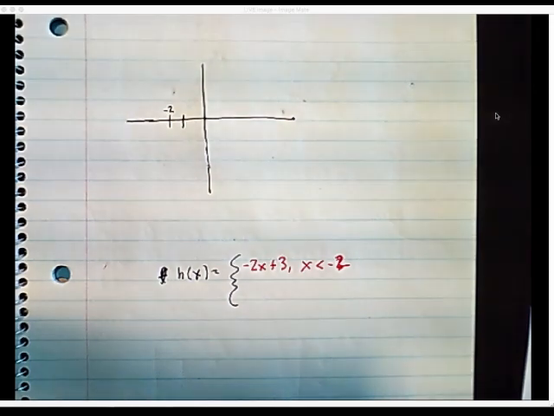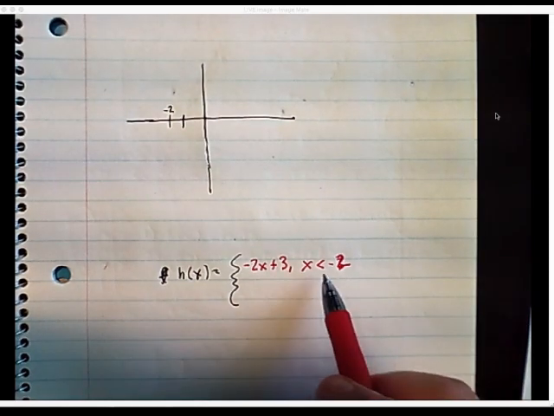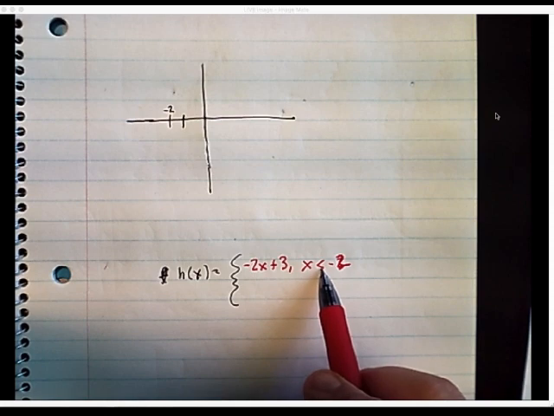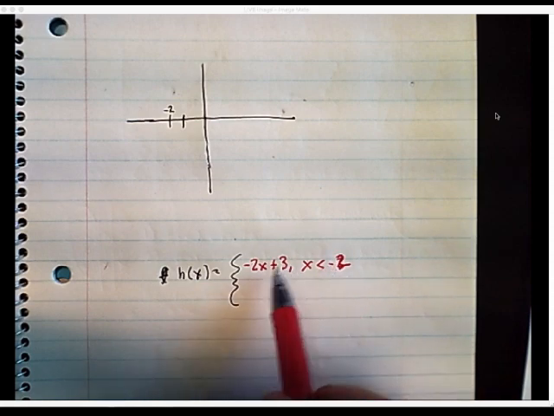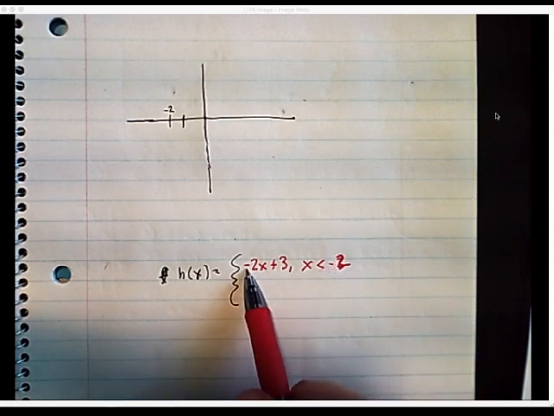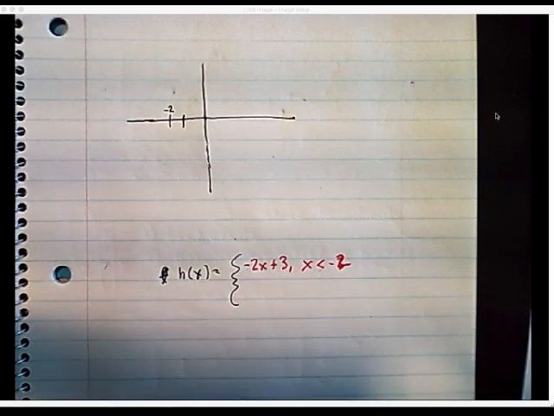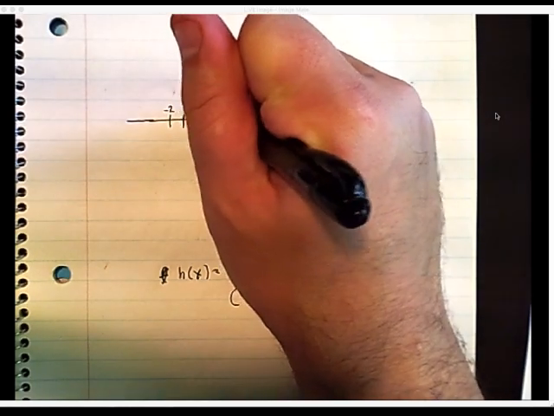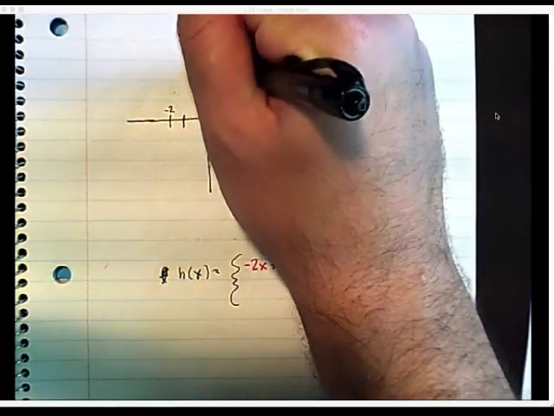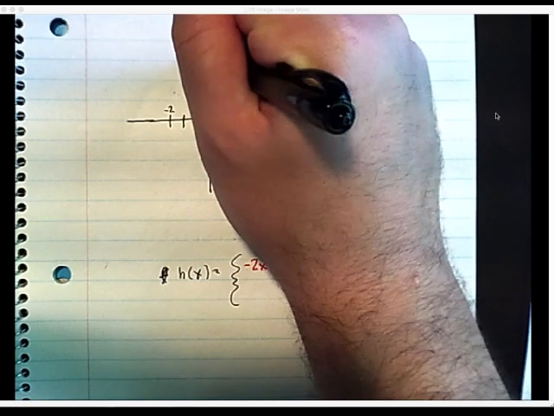What about if there was a little bar underneath here? If there was a bar, that means it would be included. So this one's not going to have an included point. But let's think about what it would be. If I plug in negative 2 here, negative 2 times negative 2 is positive 4, plus 3 would be 7.